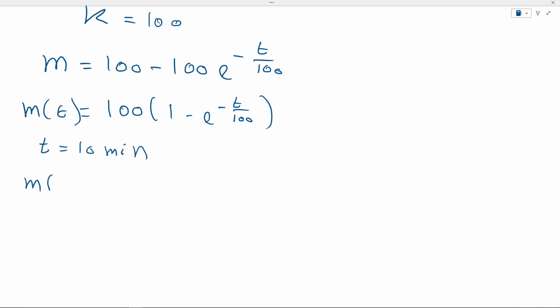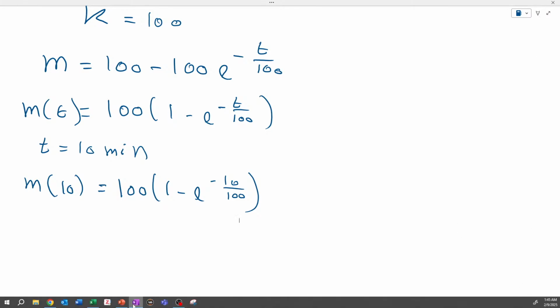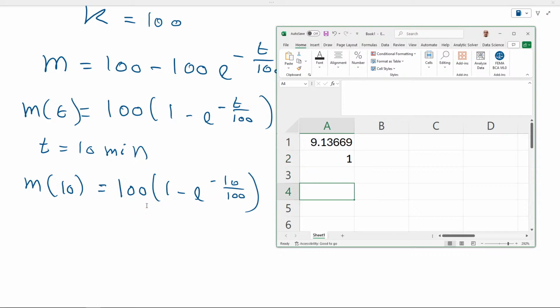So here m of 10 is equal to 100 times 1 minus e to the power negative 10 over 100. I can do this with Excel, for example. Let me show you how to do this here. You come to Excel and say equal to 100 times 1 minus exp of negative 10 over 100, and close the bracket.